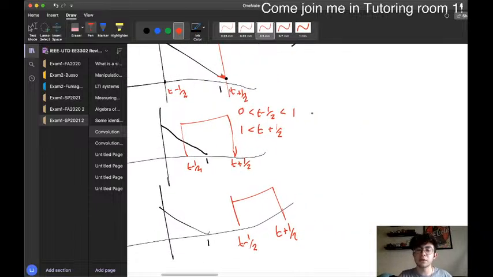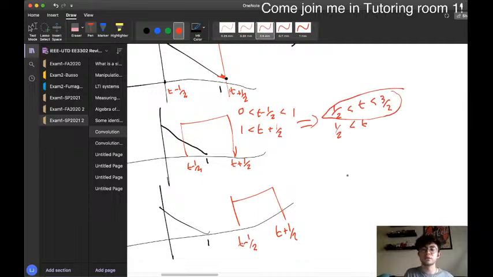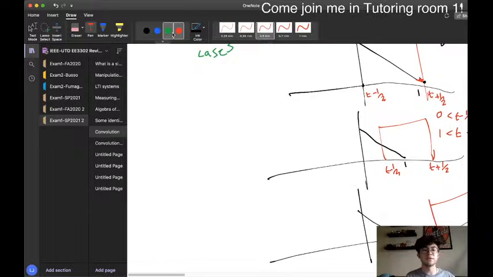So let's do some math, and then we get that t is greater than 1/2, and t is greater than 1 plus 1/2, so 3/2. So let's take the smaller of these two, and that's this one. So that's our bound for case 4.